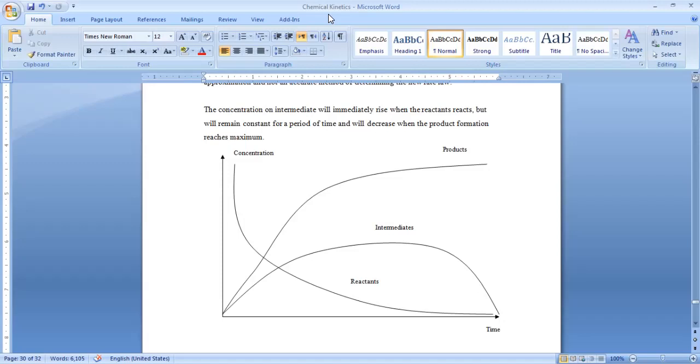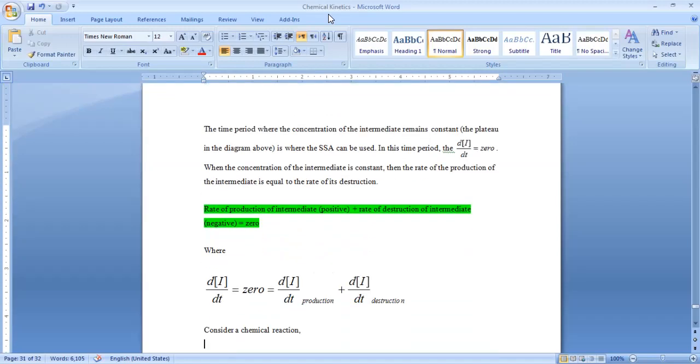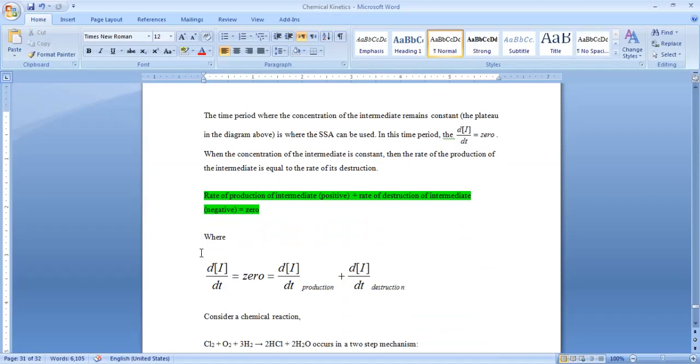It is only applicable where dI/dt equals zero. dI/dt is the change of intermediate per unit time. So when you have dI/dt equals zero, then the SSA can be used.